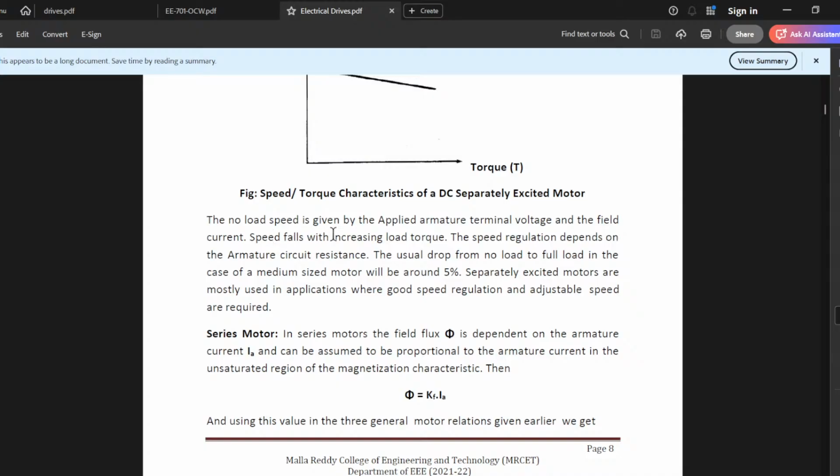The no load speed is given by the applied armature terminal voltage.